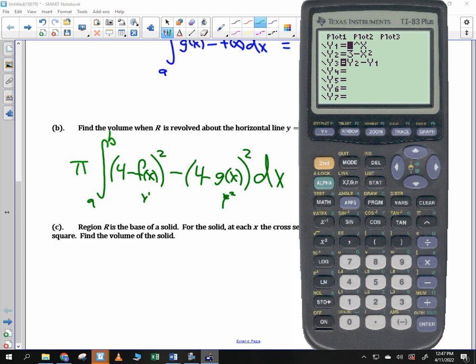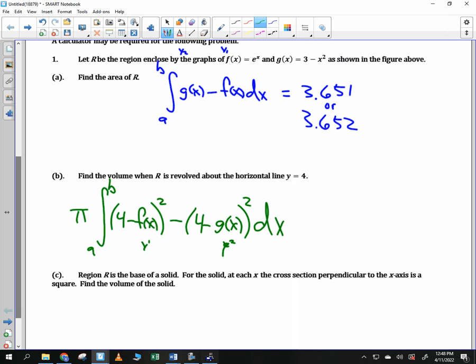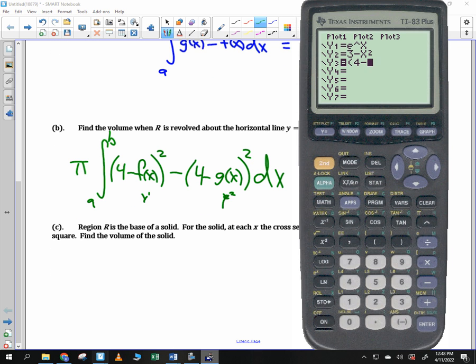So we're going to type that in. I know it looks crazy, but we're going to type that in. So parentheses, 4 minus what? Did I switch them up? Okay, so I'm going to go 4 minus e to the x, or just y1, right?